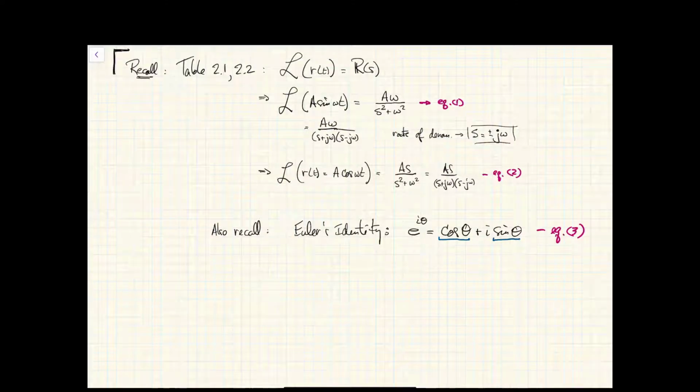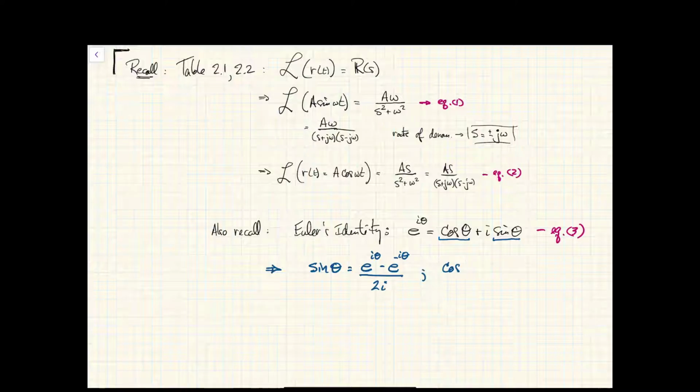So you can show yourself somewhat readily from Euler's equation that you can express the sine of any angle theta, and of course that angle theta could be omega t, as e to the i theta minus e to the minus i theta, divided by 2i. And here I notice I'm going back and forth between my i's and my j's, but both of them represent the complex number square root of minus 1.